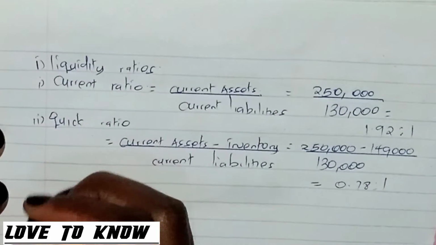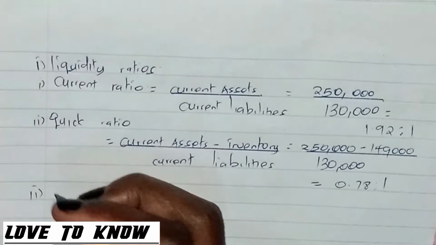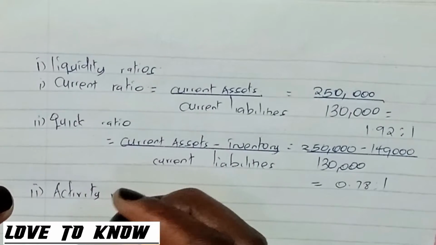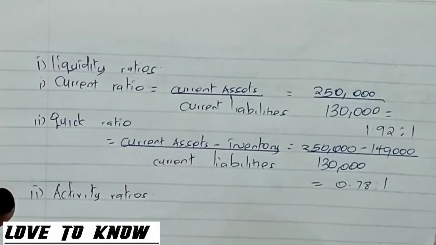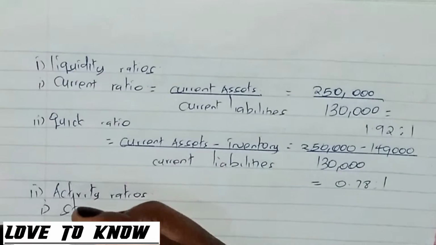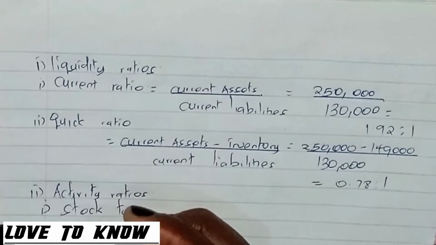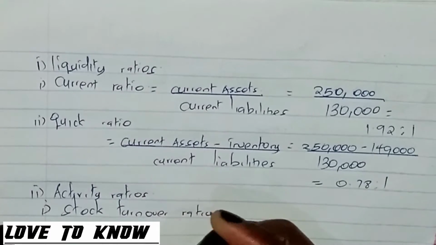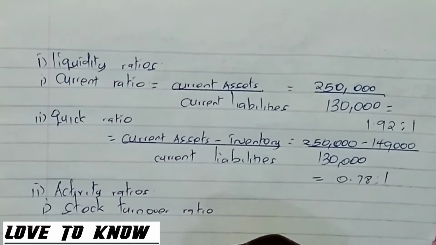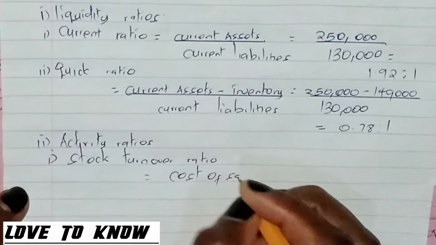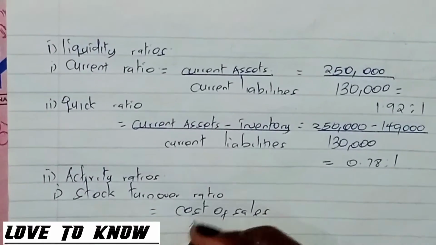The other category of ratios is the activity ratios. These ratios include the stock turnover ratio, which is calculated by dividing the cost of sales with the average stock.